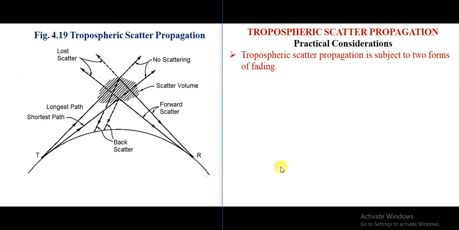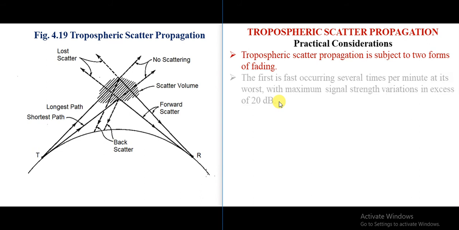Fading means the forward scattered rays which are received by the receiving antennas will have some losses. What is fading? Fluctuations or variations of the signal received. The strength of the signal gets fluctuated.